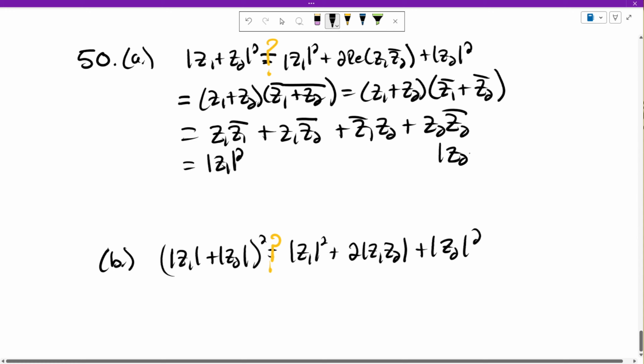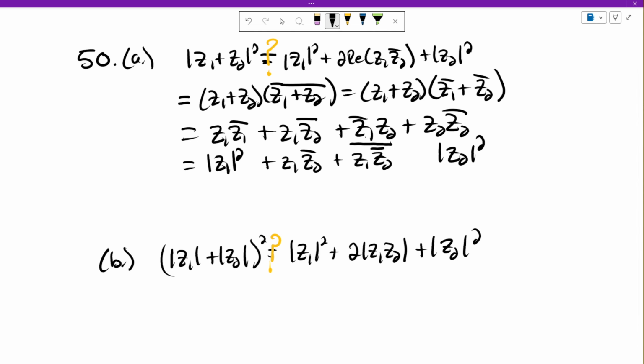So the first and last terms will be the modulus of z1 squared and z2 squared. And the middle is z1 z2 bar plus z1 bar z2. That's the same as z1 z2 bar plus the bar over everything, since a double bar cancels.